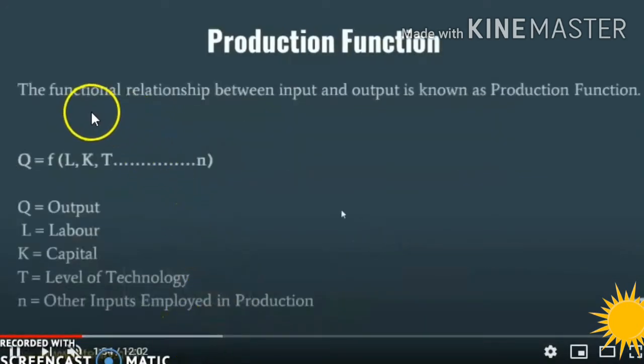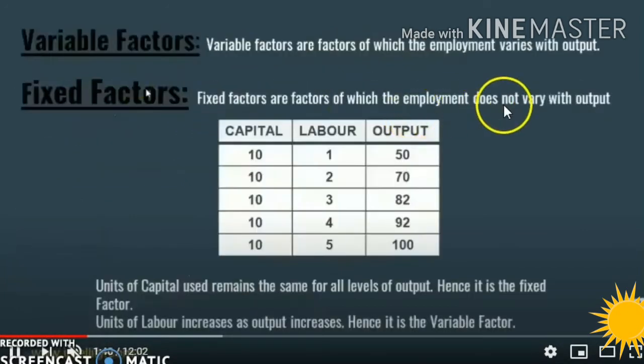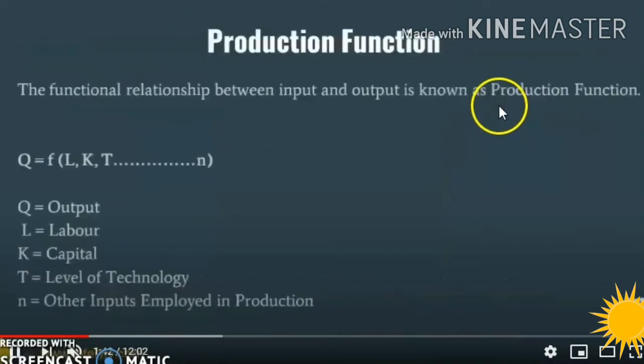The functional relationship between input and output is known as the production function. What we are inputting and the output that we are getting are related to each other. Q equal to F of L, K, T up to N is the formula for this production function.